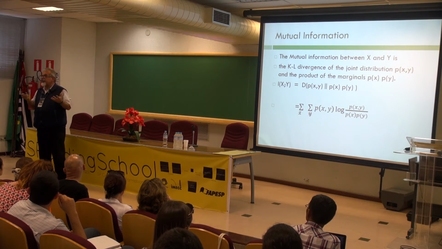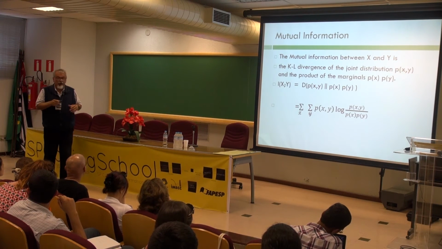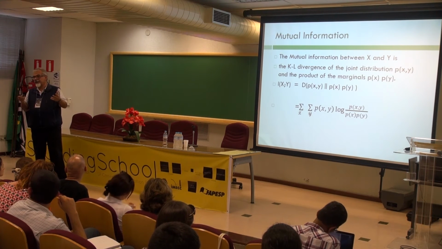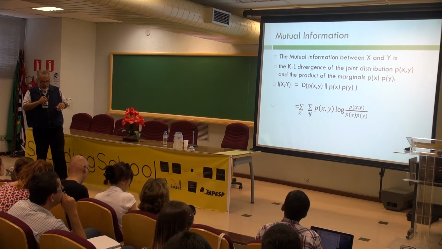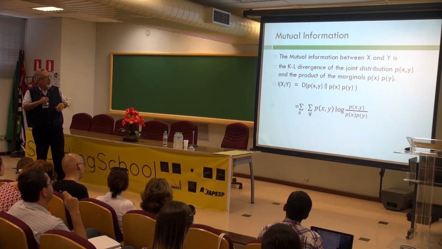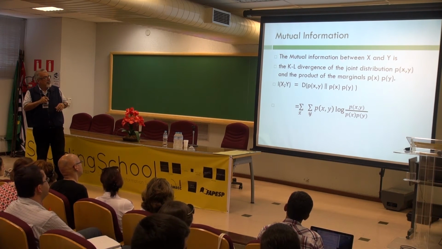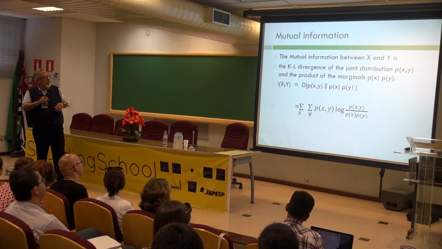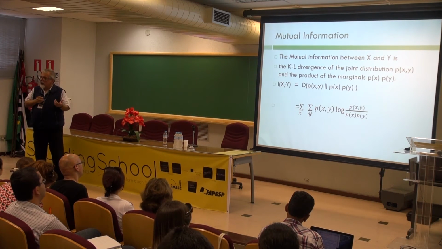If you look at the capacity of a channel, it's expressed in terms of a mutual information. So it's a very important entity, and that is the amount of information that relates x and y, two random variables. What does one tell about the other?